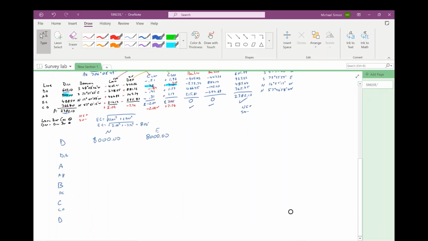Okay. So I'm going to use my latitude. So DA is, I'll write these in red, negative 402.92, negative 447.26. AB, negative 279.34, 884.14. 466.45, negative 142.20.